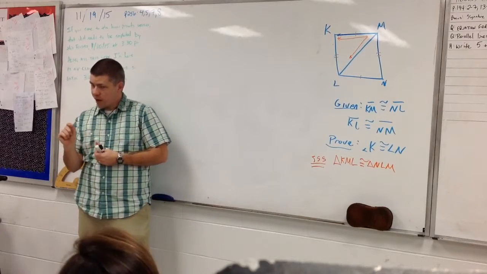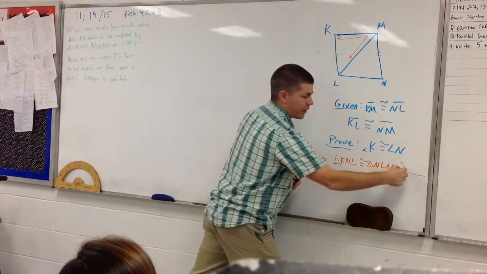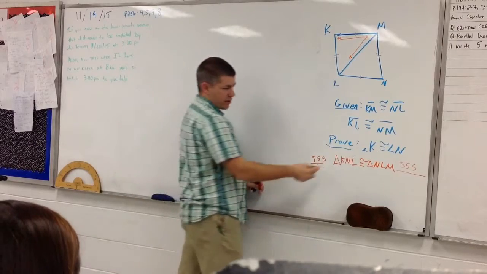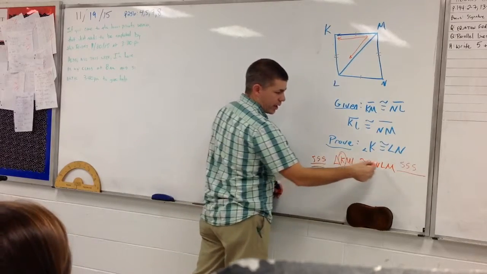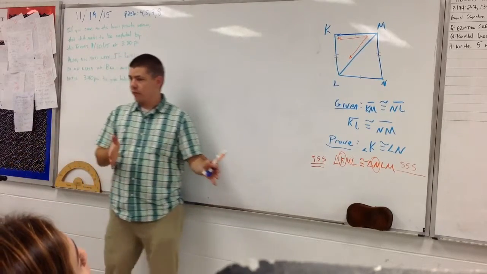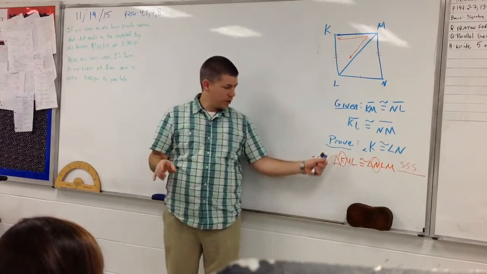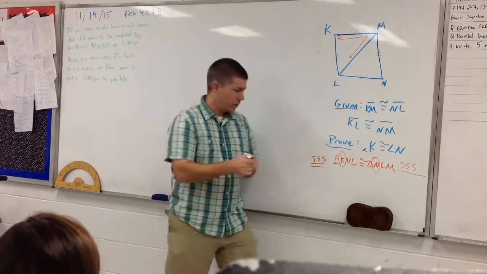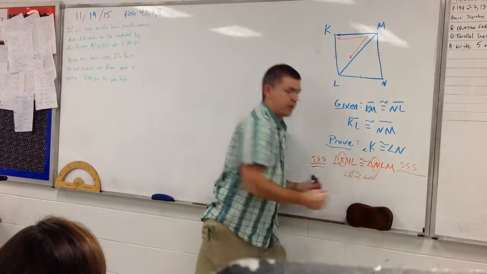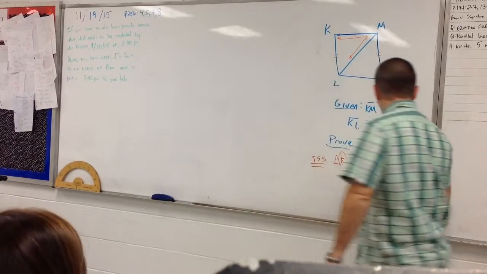If our order is dead on, watch what happens. I think we're going for side. But if our order is dead on, what do you know about angle K and angle N? They have to be congruent. Why? They're in the same slot. If the triangles are congruent and what you need is in the same slot, go ahead and put them congruent. So angle K has to be congruent to angle N. Why? CPCTC. What does CPCTC mean?